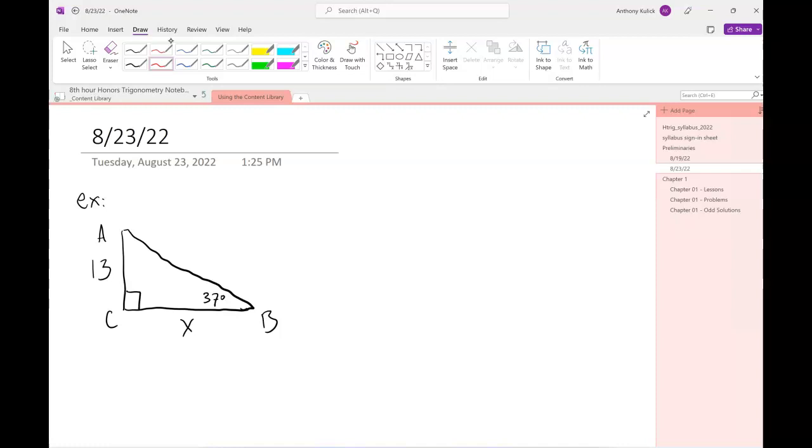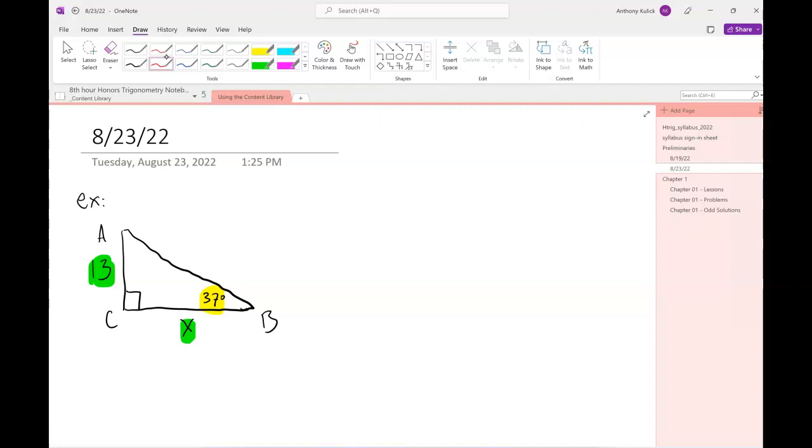How did we know it was going to be tangent specifically? Oh, you looked at your notes. Okay. We'd start by looking at the angle measure we're given. Relative to that angle, the sides we care about are opposite and adjacent. So we know that we should be using tangent from SOHCAHTOA.